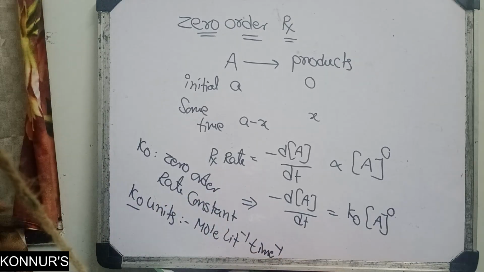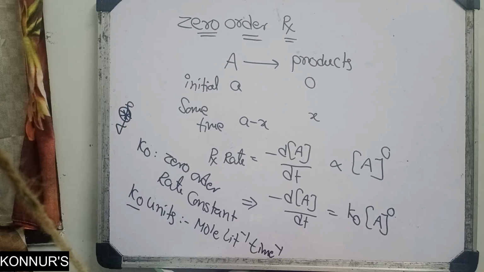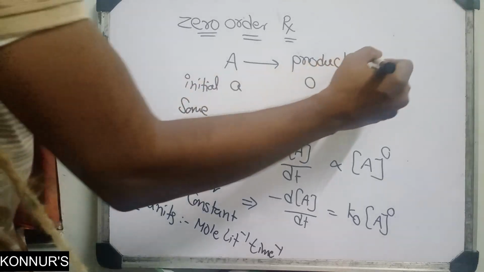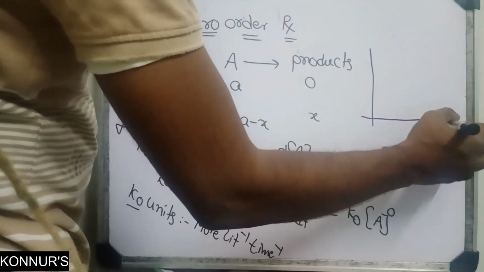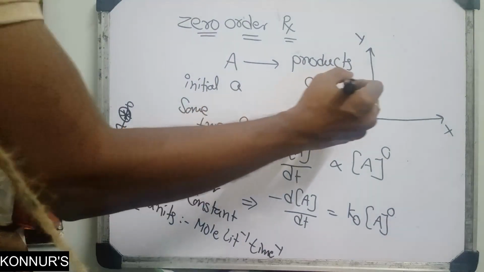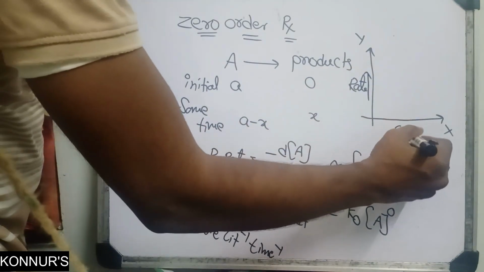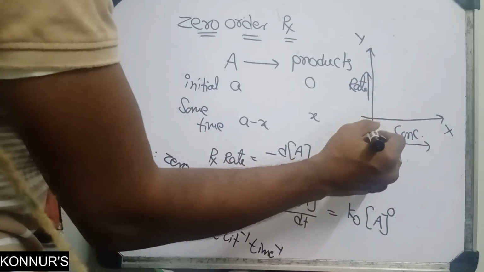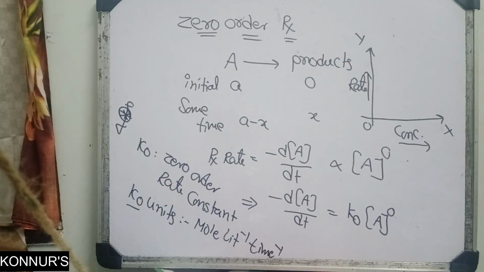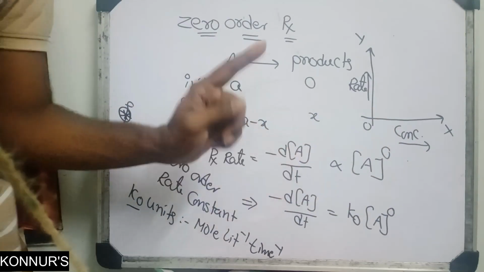Next, suppose you want to show it in a graphical manner. You take an x-axis and a y-axis. On the y-axis you take the rate, and on the x-axis you take the concentration. For zero order, whatever the concentration you increase, the rate value is the same.